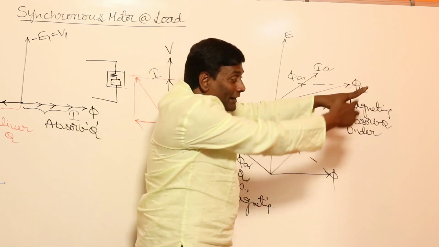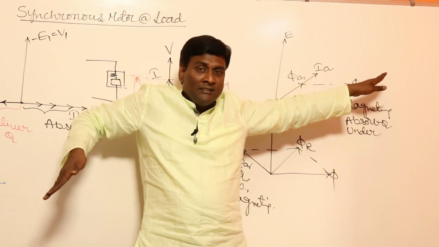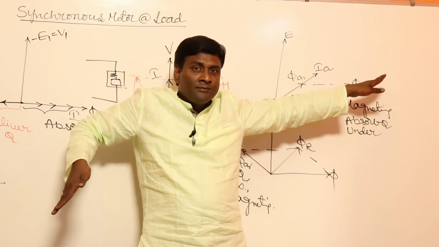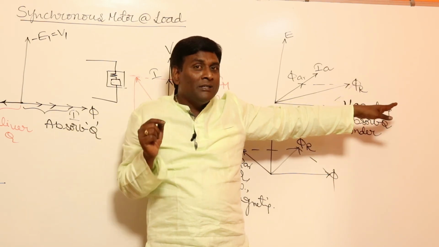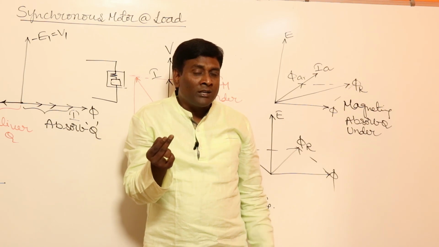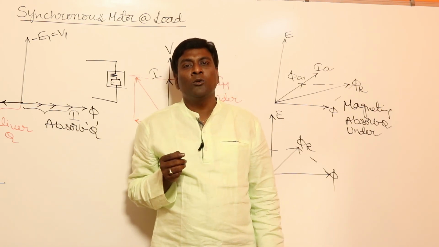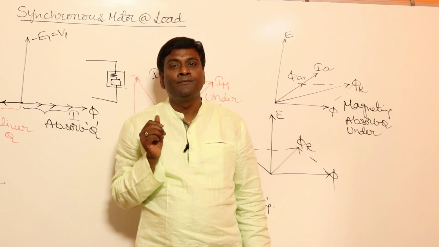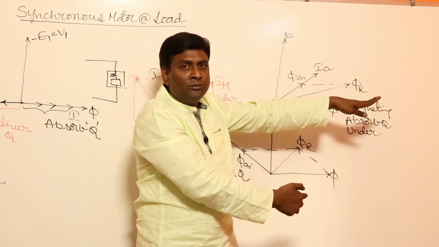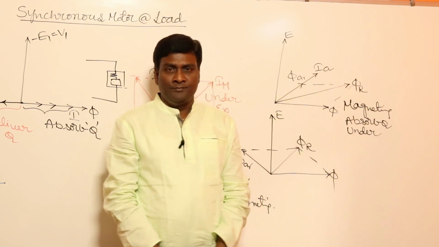How? Demagnetizing armature reaction effects, because phi A is here. So with demagnetizing armature reaction effects, supplying reactive power, an alternator operating at lagging power factor is overexcited. Because it is having demagnetization, no? So we have to overexcite.